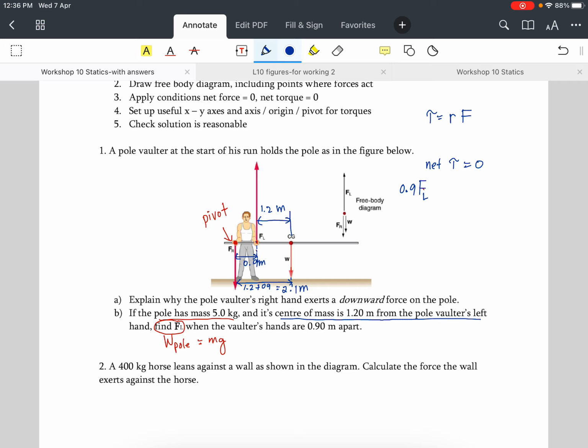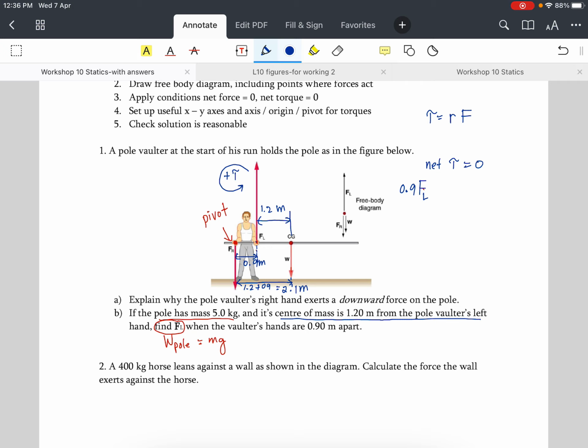Okay, now the torque produced by FL will be positive because the tendency of FL is to rotate the pole in this direction, which is anticlockwise, and anticlockwise gives us a positive torque. Okay. So the sign for the torque due to FL will be positive. So I'll leave it as 0.9 times FL.